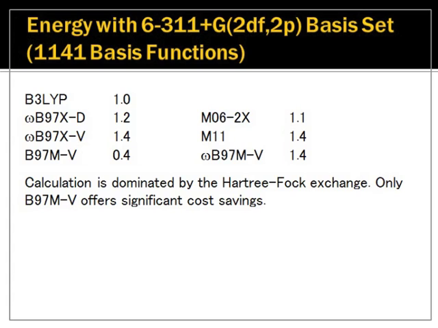So when you go to trying to do an energy with large basis sets, it really has nothing to do with the functional, it has to do with the size of the basis set. You can see that they're all coming down to about the same. There is a small difference, but the big difference is this one, which lacks Hartree-Fock exchange. Now, I haven't said whether this is any good or not.